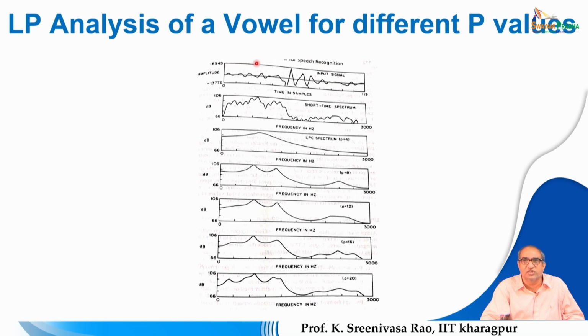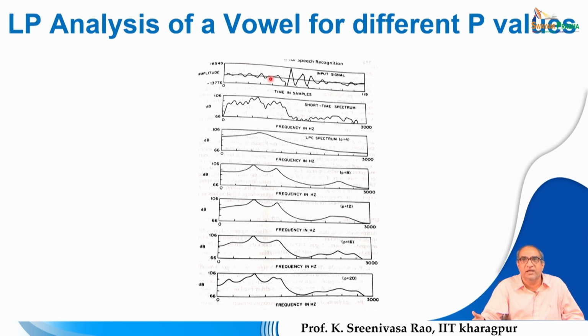Once you have the autocorrelation coefficients, you can plug them into the expression we observed, summation of ak into R of i minus k equals R of i. If you solve that matrix relation using the Durbin recursion, you get the optimal ak's.